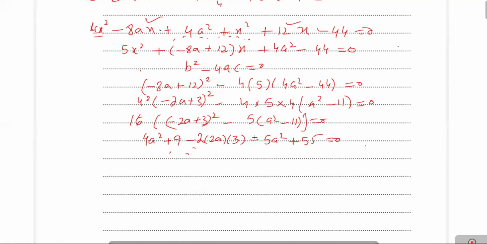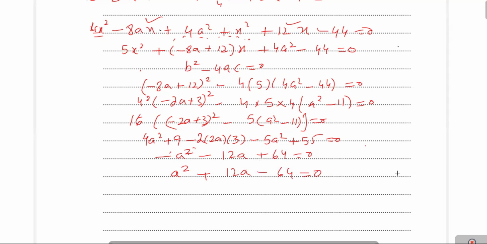Now we can write it as 4a square minus 5a square minus a square minus 12a plus 64 equal to 0. Now we divide by minus 1, we get a square plus 12a minus 64 equal to 0.